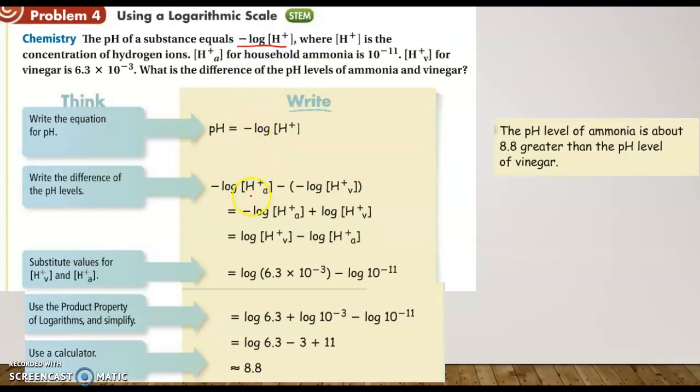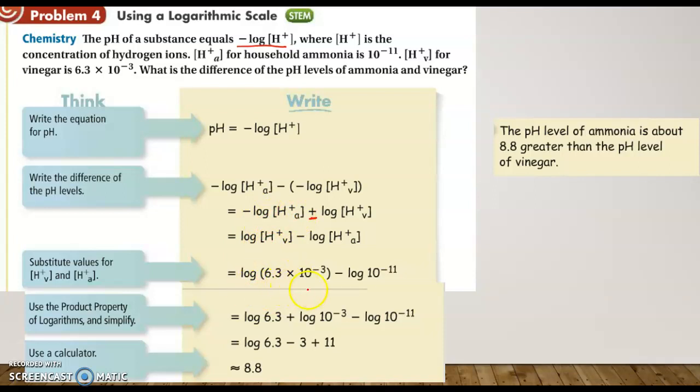If you are going to write the difference of the pH levels, you'd have the negative log of ammonia minus the negative log of vinegar. Two negatives together are going to become a positive: log H positive vinegar minus the log H positive ammonia. They just switched it around because they wanted to. Didn't want to start off with a negative, but it doesn't really matter.